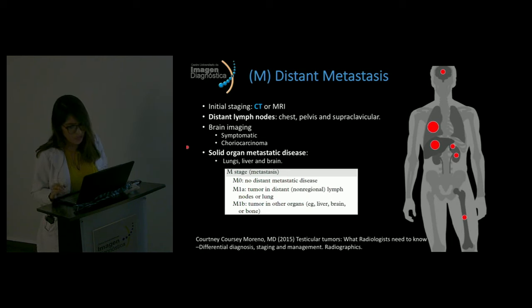And brain imaging may be performed if the patient has symptoms or if the tumor is a choriocarcinoma, which is more likely to metastasize to the brain. The most common sites of solid organ metastatic disease will be the lungs, the liver, and the brain.